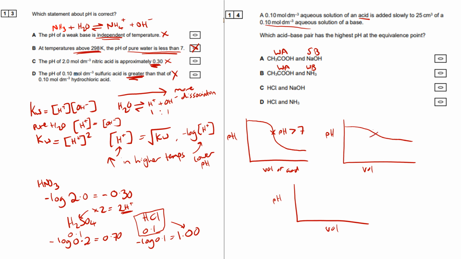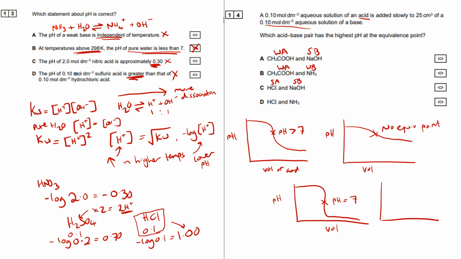There's no vertical section. For C, we have a strong acid and a strong base, so you get a very large vertical section with the equivalence point at pH 7.